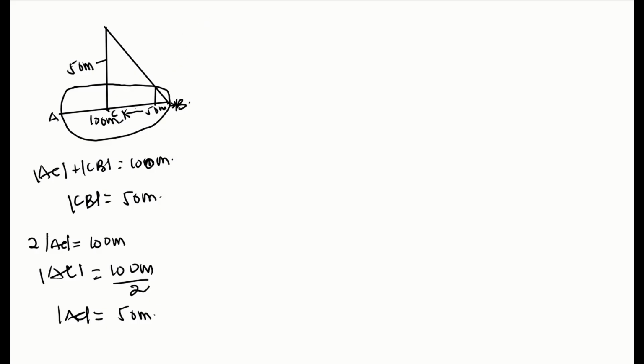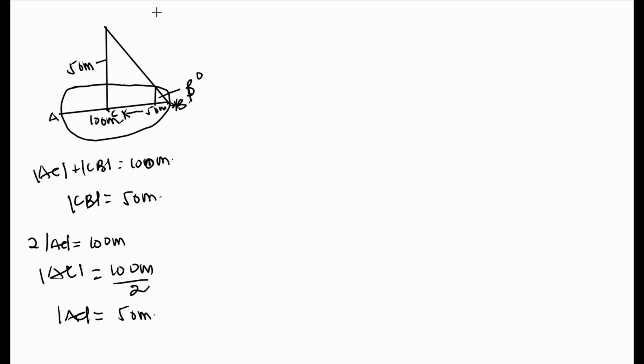Let's say that this angle is some beta, beta degrees, which is here. So we are interested in beta. Here, the opposite of beta is 50 meters and the adjacent of beta is also 50 meters.